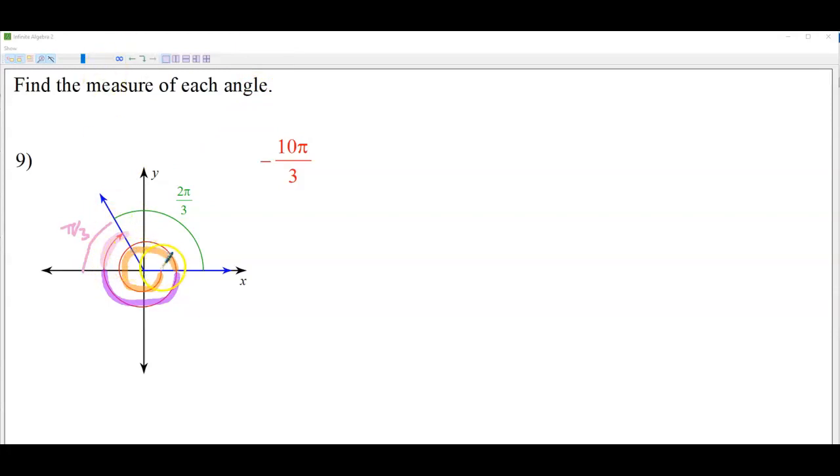So we have a full circle, which is 2 pi. We have a half circle, which is pi. And then we have the missing piece that we found, which is pi over 3. We just got to add all those pieces together, and we'll be good to go.